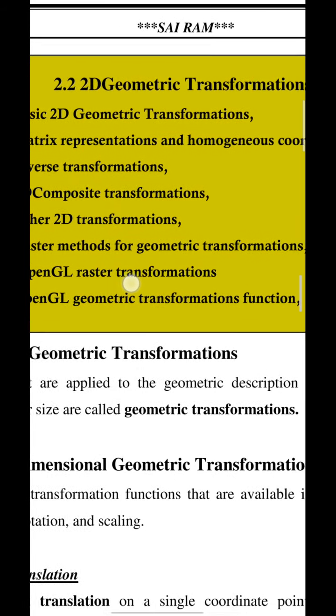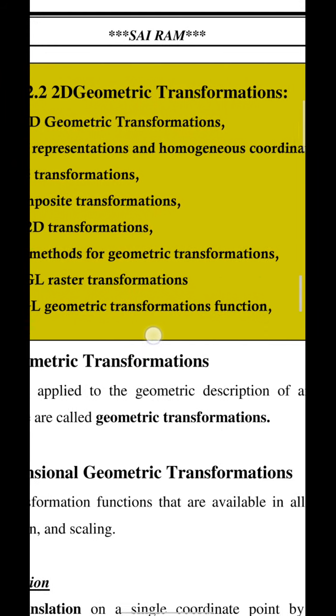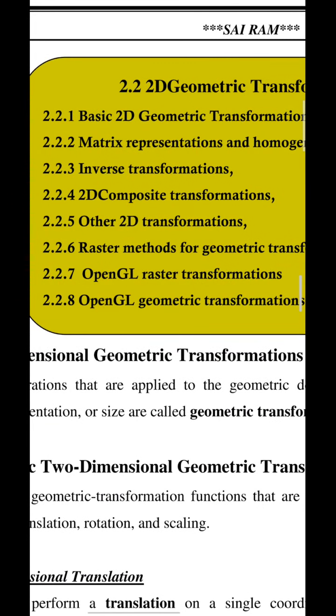Then the raster method for geometric transformation, OpenGL raster transformation, and OpenGL geometric transformation functions, the built-in functions in OpenGL to perform the geometric transformation. So these are the various topics we have to study. We will be discussing that further.